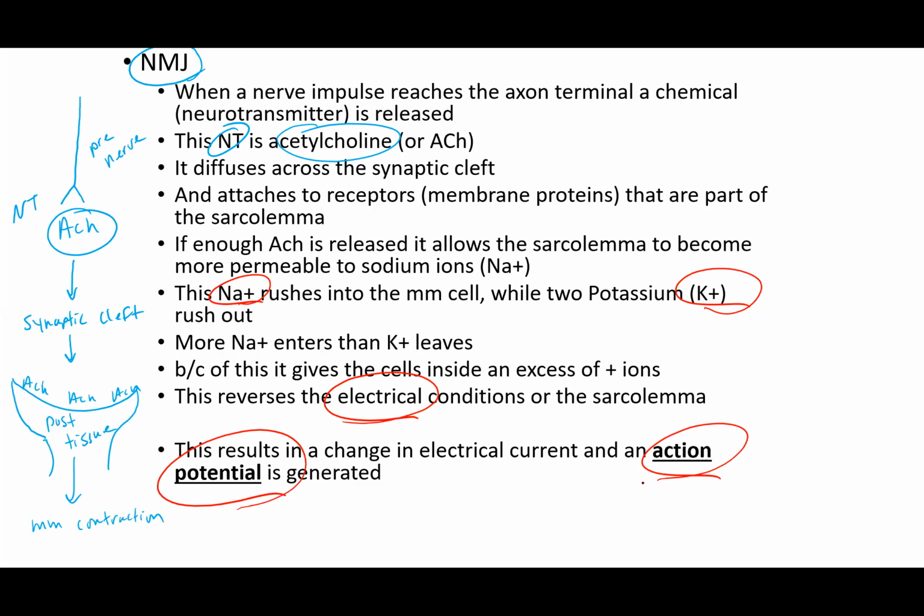Okay, so in our body, certain things need only a certain amount of electricity, and other things need more electricity. And all that is your action potential. How much electrical current is generated to make a change? Action potential.